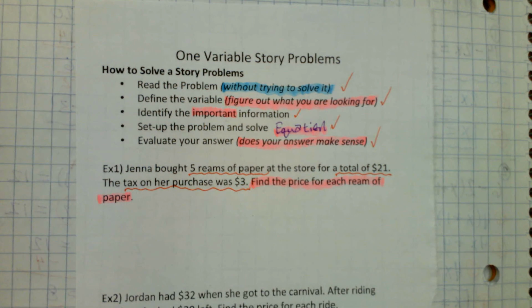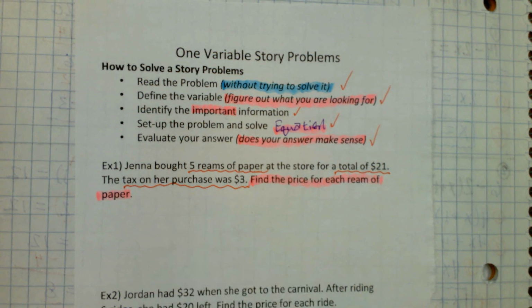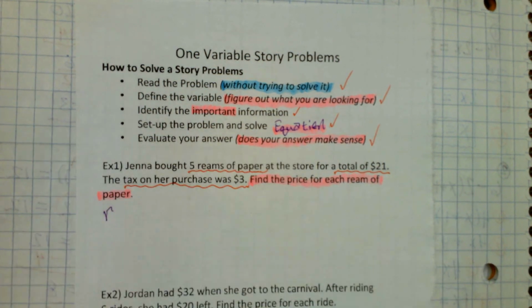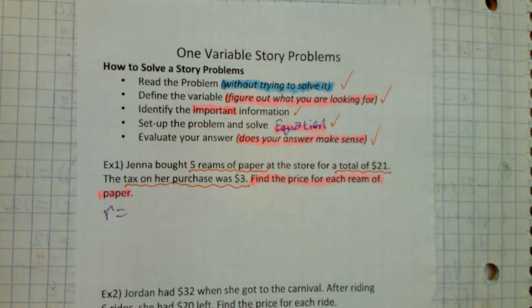Let's define a variable. And the variable, some people just choose the same variable like X. But we have to define it. Some people, me included, I like to make it relevant to the story. Okay? So this stands for the price for reams of paper. So I'm going to choose R. And R is going to represent or equal something.